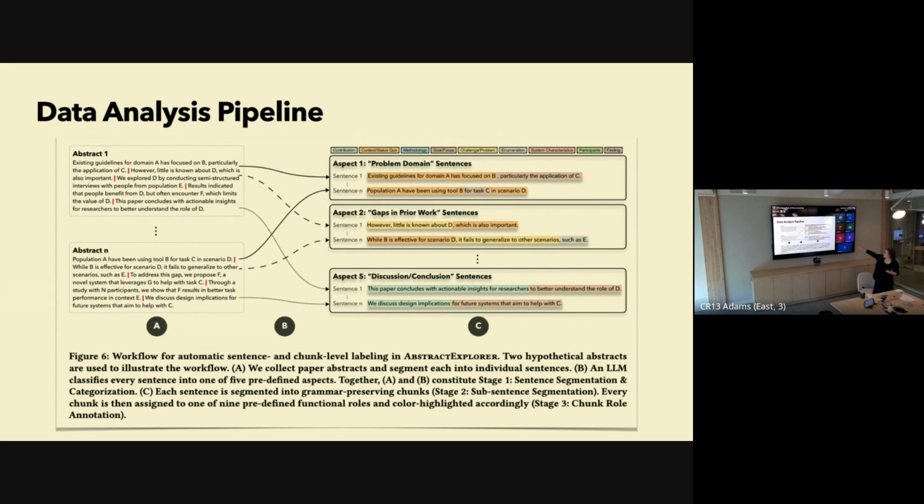Across all of these aspects, we also, at the sub-sentence level, segmented along grammar-respecting boundaries. We don't want to cut up a grammatical phrase. We classified segments within the sentences by their role, like describing the participants, describing the contribution, system characteristics, and reified that in color.